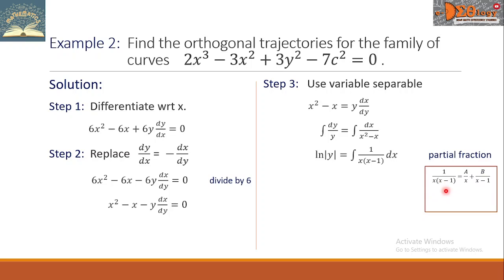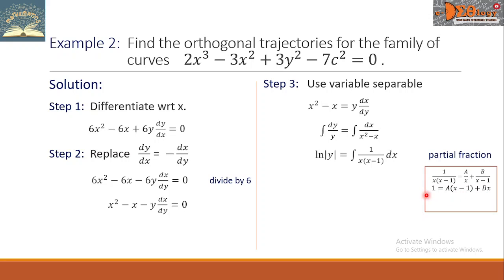We can show that this 1 over x times x minus 1 is equal to a over x plus b over x minus 1. Let us multiply this equation by the LCD, which is x times x minus 1. So we will have 1 is equal to a times the quantity x minus 1 plus bx.